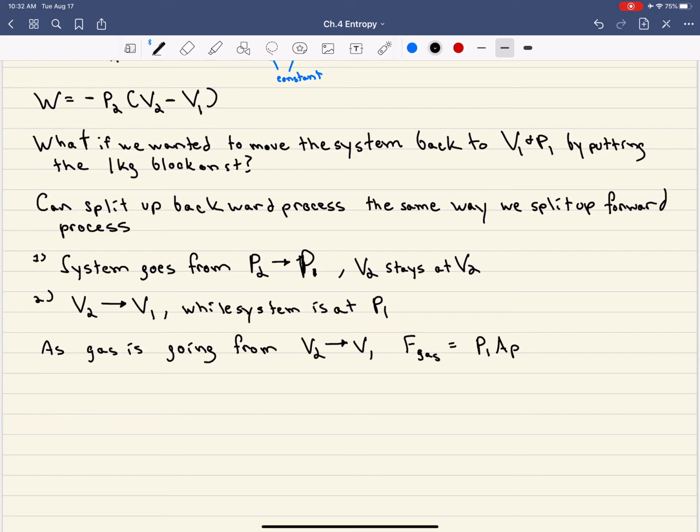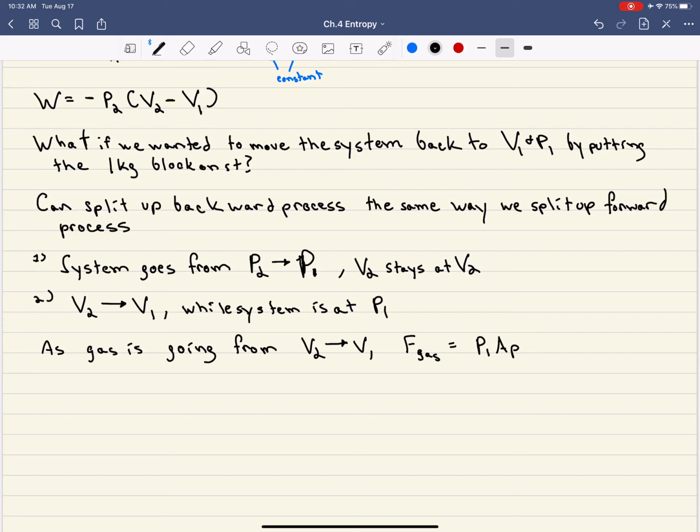So that work backwards is going to be F gas as we go from X2 to X1. We could plug in the new F gas. So it's going to be P1 A dx. As the volume is changing, both the area of the piston and pressure 1 are constant. And so we could pull out pressure 1.